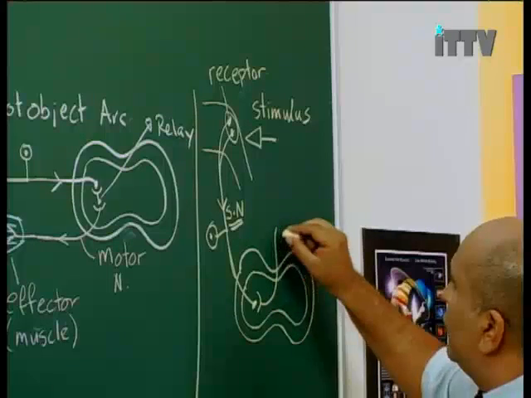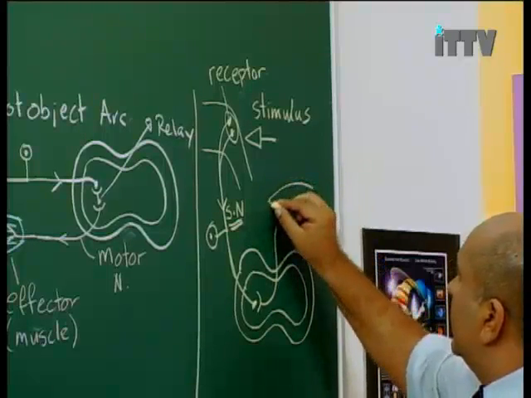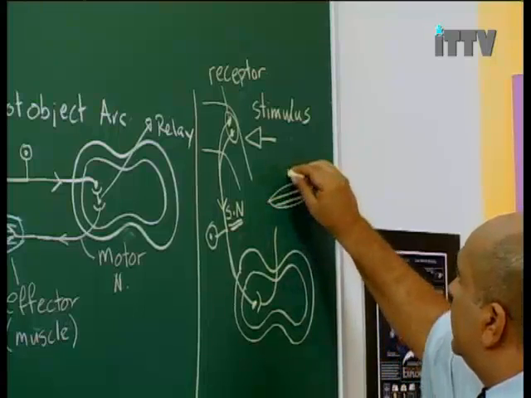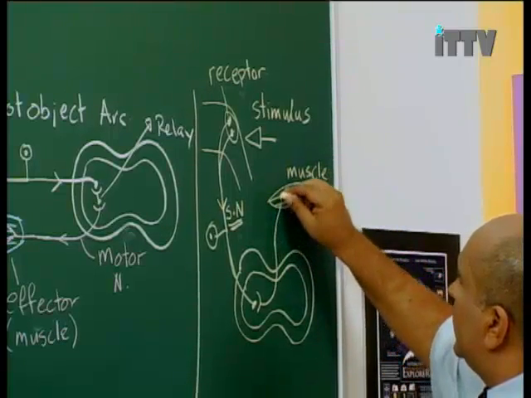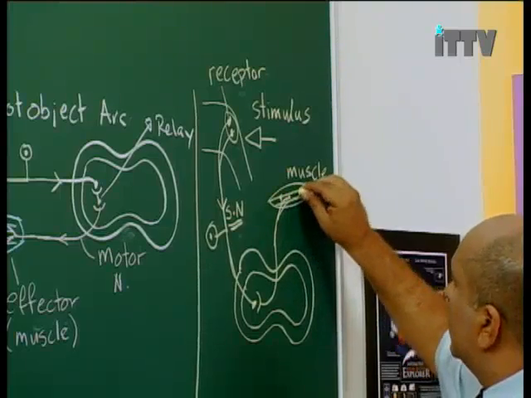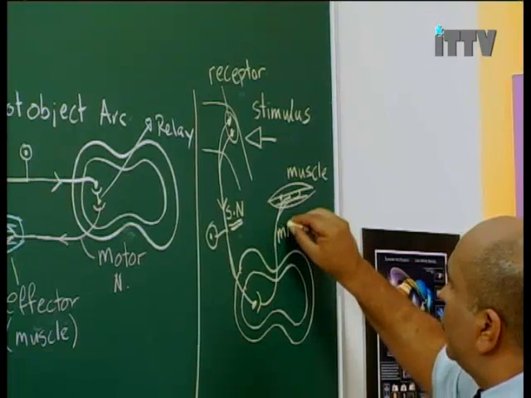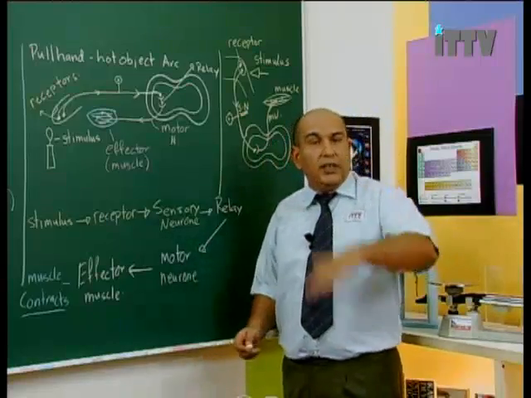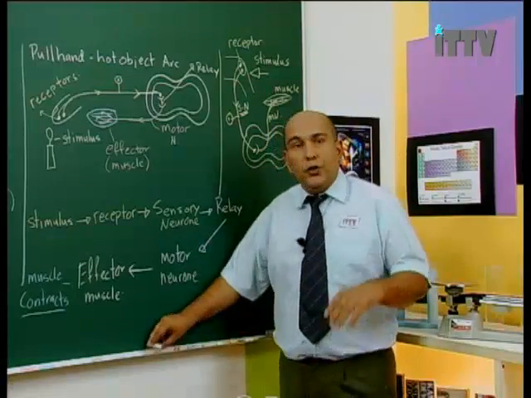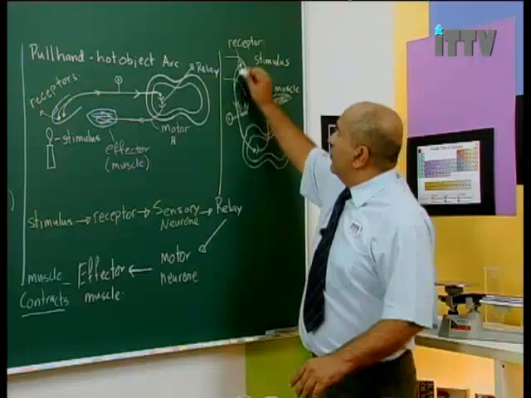So this is our motor neuron coming out. This is our muscle here. This is our motor neuron, and then the muscle will contract and your leg will kick up, like so. So let's have a look at this arc.